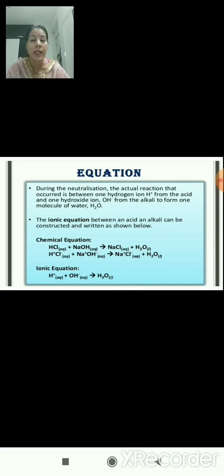As I told you earlier, HCl is a hydrochloric acid and NaOH is a base. So after this reaction of acid and base, what you are getting here? You are getting a salt which is written as NaCl and water.